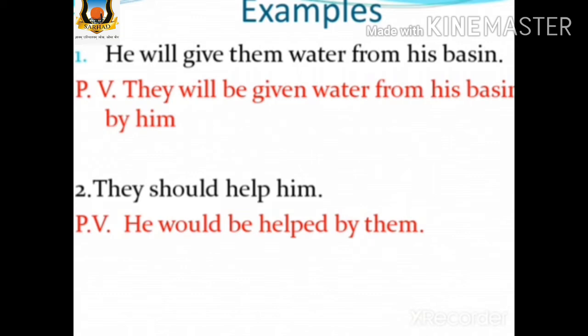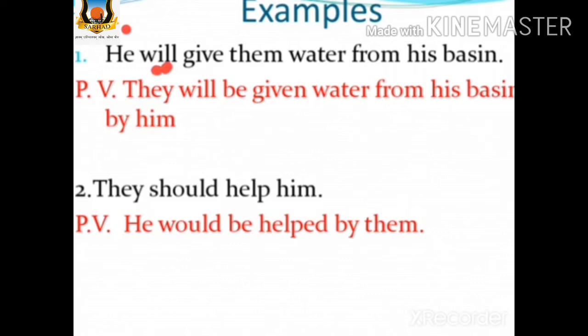Okay, now tell me, students, he will give them water from his basin. Just now we got the subject, that is he. Now tell me which is the auxiliary verb in this sentence? Yes, I know you got the answer. Will is the auxiliary verb in this sentence.